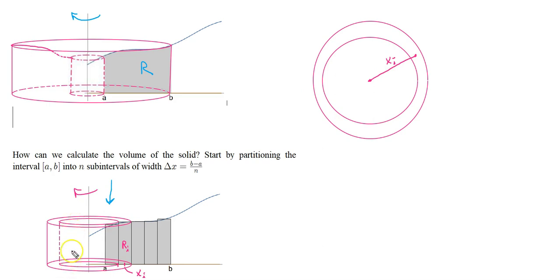Now if we were to take this shell and cut it along a seam like this and unroll it, it would form a rectangle with a certain thickness to it. So it would look something like this.